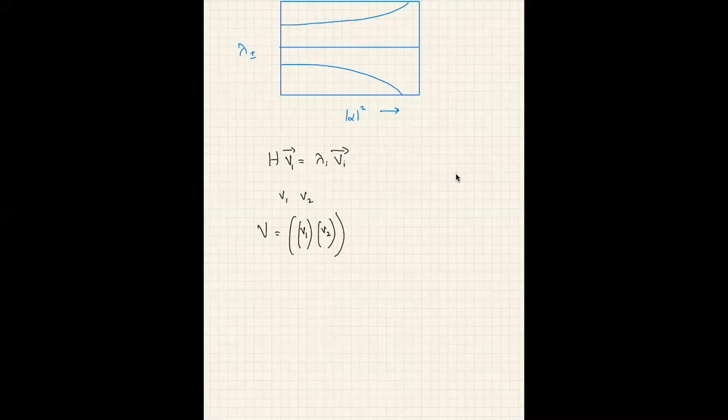Let us say my eigenvectors are (A, B) and (C, D). I will form a new matrix out of them, which is equal to A B and C D. Assuming these are all complex valued matrices, you can show that V dagger H V is a diagonal matrix.